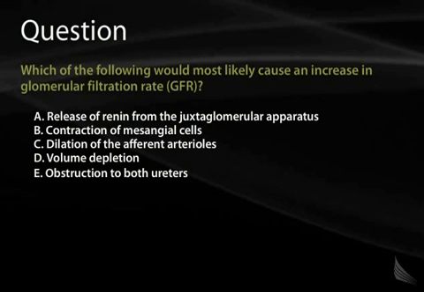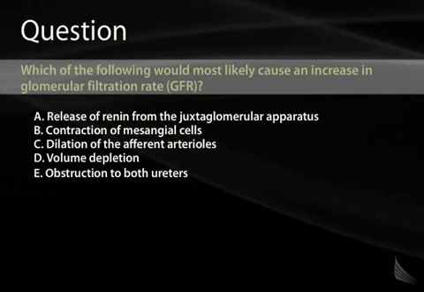Question number 4. Which of the following would most likely cause an increase in glomerular filtration rate? A. Release of renin from the juxtaglomerular apparatus. B. Contraction of the mesangial cells. C. Dilation of the afferent arterioles. D. Volume depletion. Or E. Obstruction to both ureters.